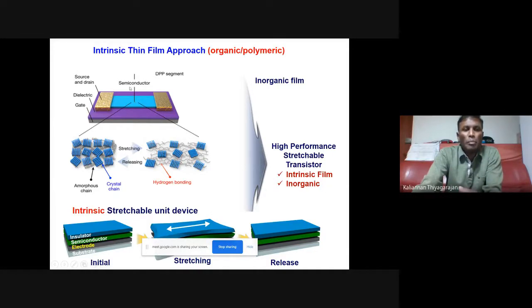This approach is based on polymer semiconductors or organic polymer composites. They use this kind of polymer. They always choose polymers that have a crystalline part as well as an amorphous part.